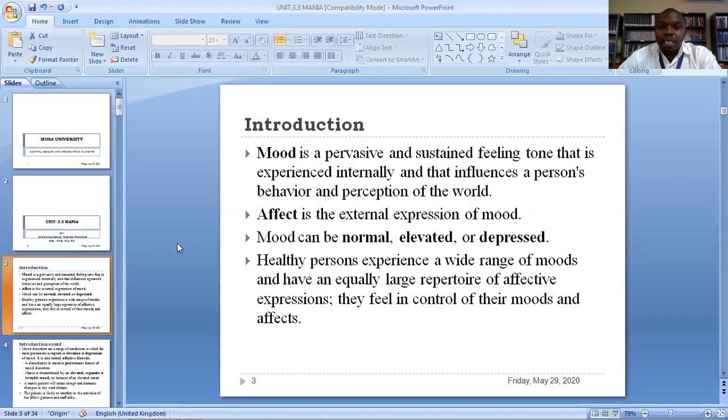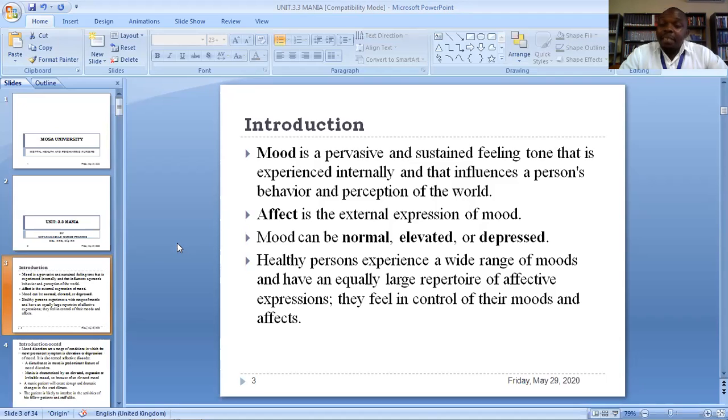So we're saying mood is a pervasive and sustained feeling tone that is experienced internally and that influences a person's behavior and perception of the world. What are we saying? Mood is an internal feeling. However, most people will be able to present their mood to the outside world.